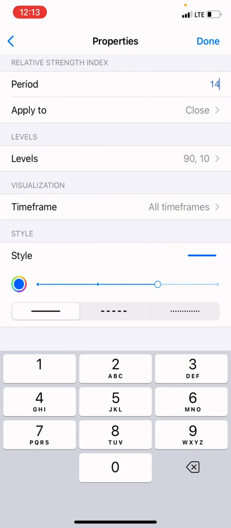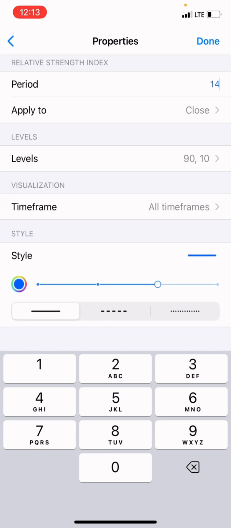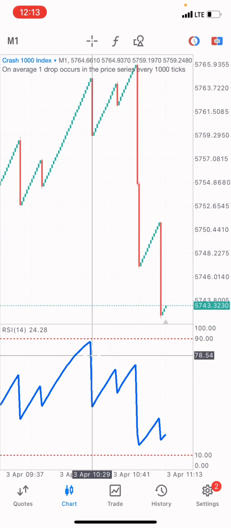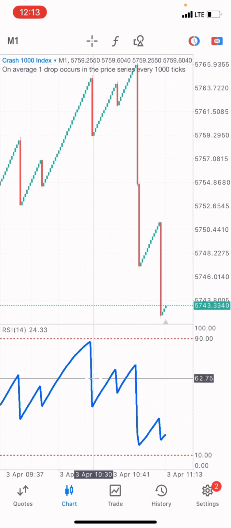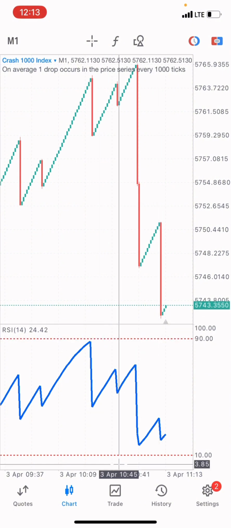You put the pixels, which is this line here, on the third one right here. Then you put a straight line pattern at this first one, then you click on done. Now this is the first indicator, the RSI, with the levels of 90 and 10. This indicator actually works and it can help you to grow your smaller accounts.